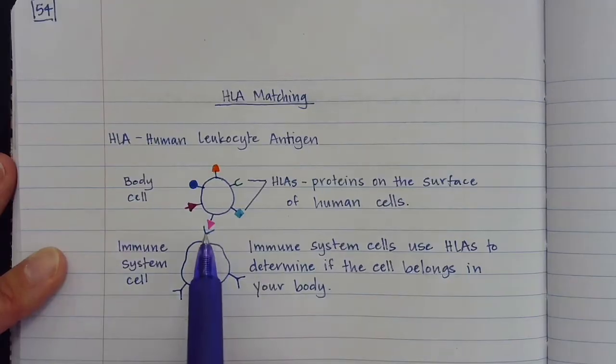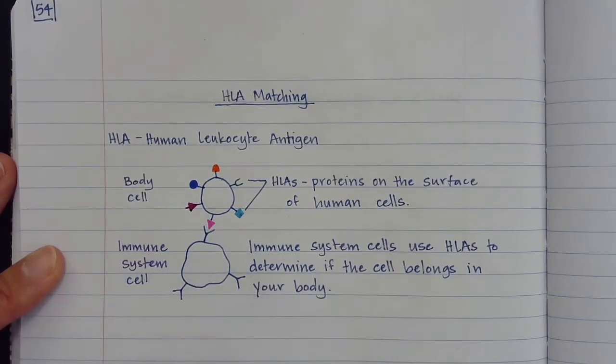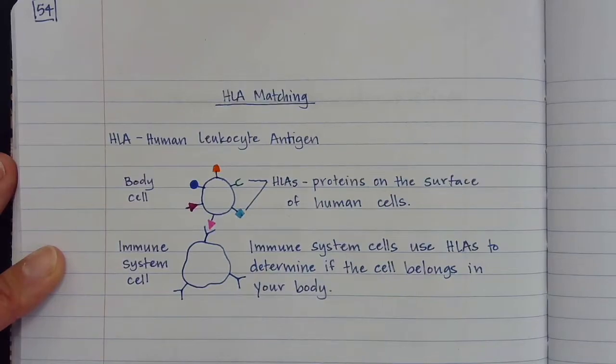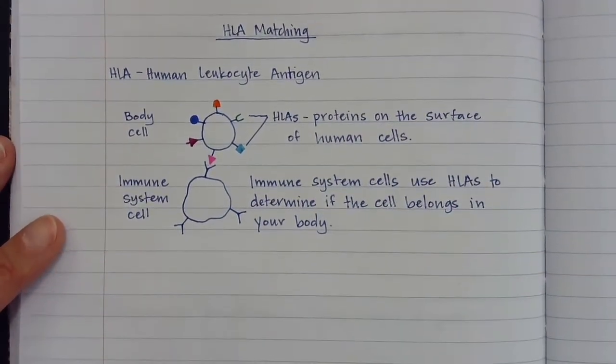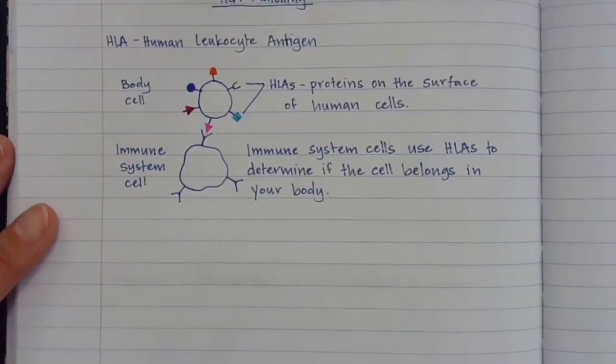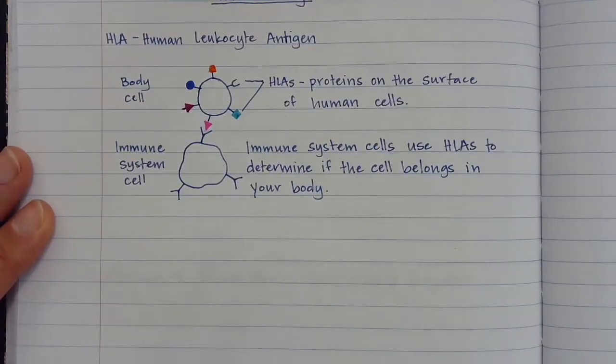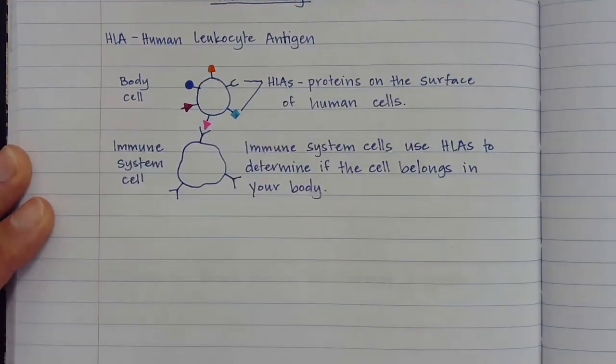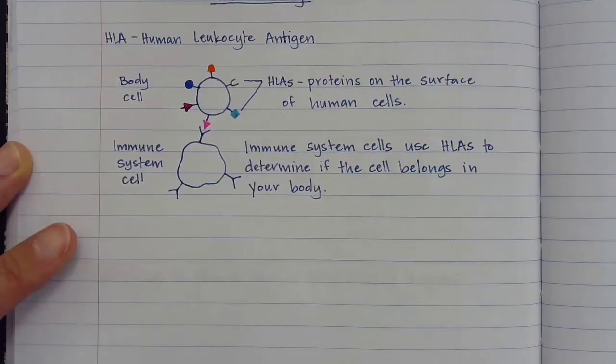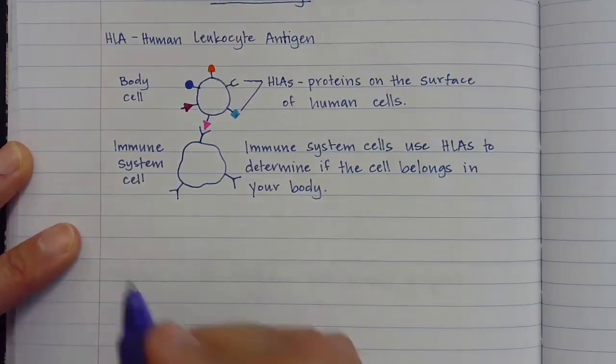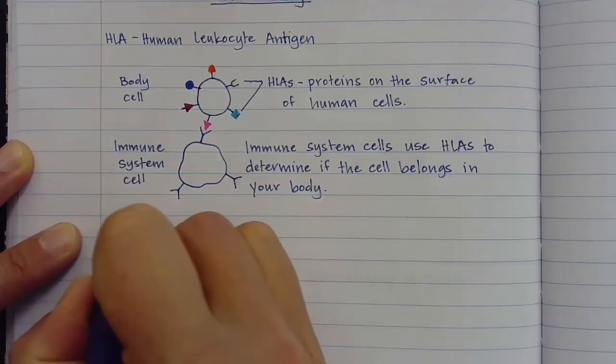So if it recognizes that as part of your body, then it will be fine. But if the immune system cell recognizes it as foreign, or if it does not recognize it, then they will destroy it.